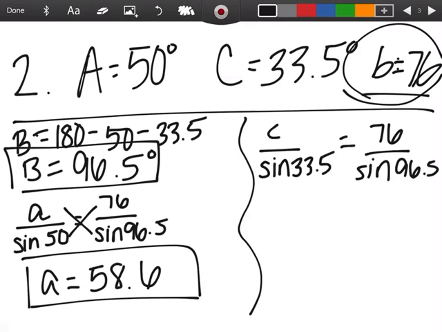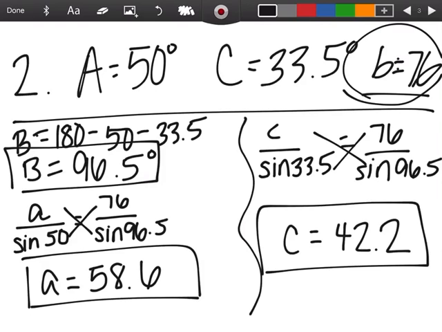Yes, we found 96.5, but we didn't have to round it. I can cross multiply: 76 times sine of 33.5 divided by the sine of 96.5 equals C, which is 42.2. So I know all three angles, A, B, C, and I know all three sides.